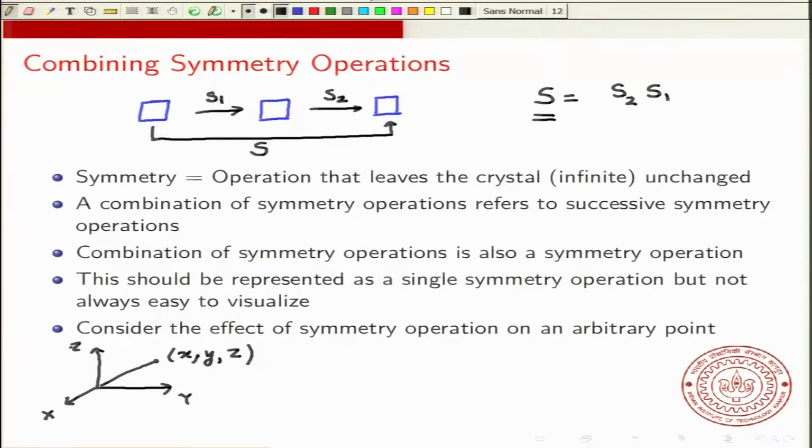Now the crystal will have atoms everywhere, whatever be the symmetry of the crystal. So these are the crystal atoms. And this is one point somewhere in the crystal. So in the middle of all these crystal atoms there is some arbitrary point, and we ask how this arbitrary point transforms on a symmetry operation.